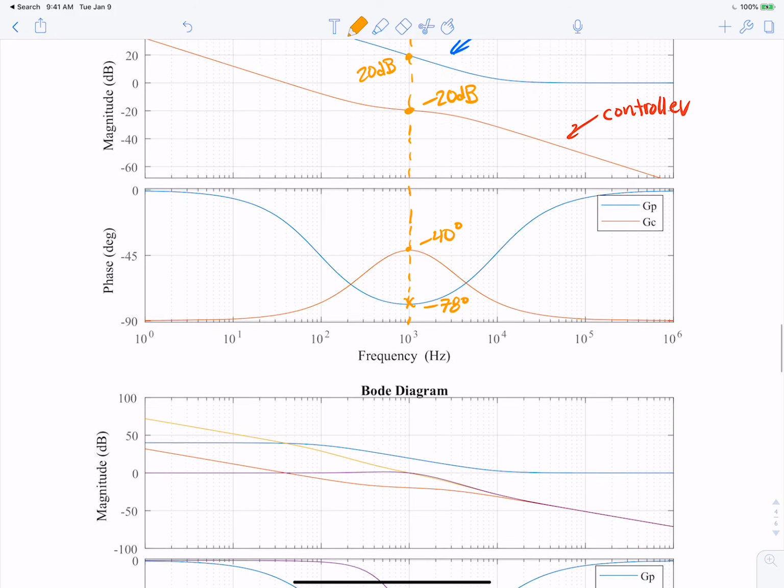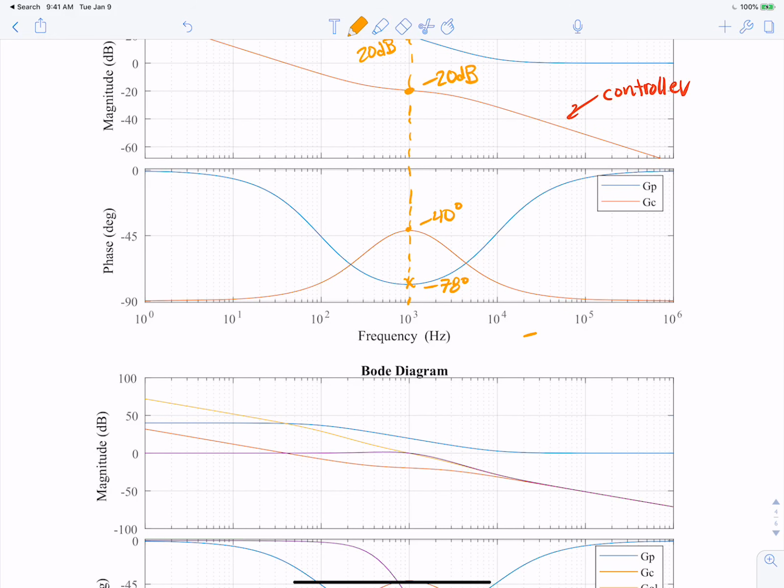If we add these together, we have approximately minus 120 degrees, which means our phase margin was 60 degrees, which is what we designed for. So that is a check. Remember, phase margin is how far you are away from minus 180 degrees. All right, so our phase margin spec is checked.